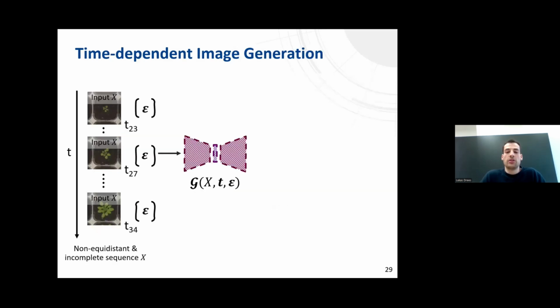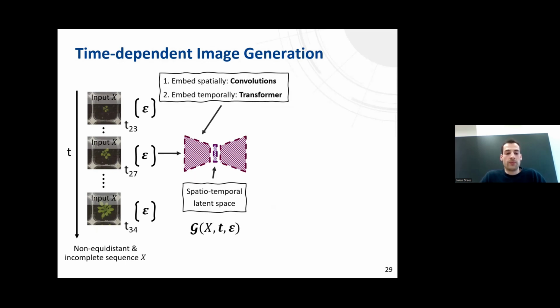And to achieve this, we take our non-equidistant sequence and compress it into a so-called spatio-temporal latent space. For this, the sequence is first spatially embedded with convolutions, and afterwards temporally with a transformer within the encoder of the network.